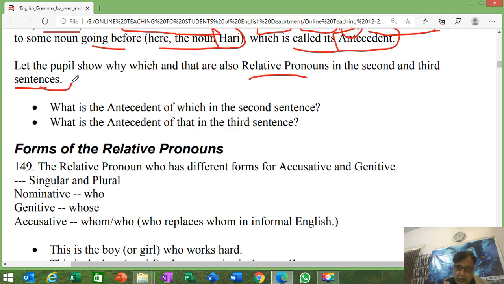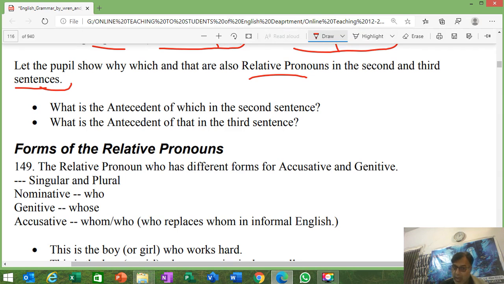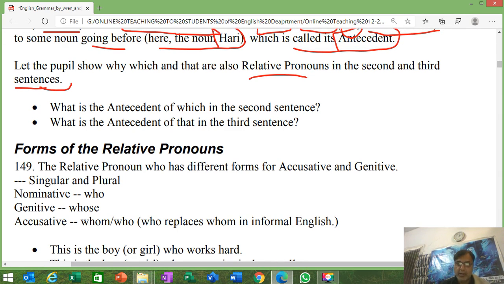Two parts were there, but we linked them, we related them. So you must be aware of it now. I think you are familiar now with what a relative pronoun is.